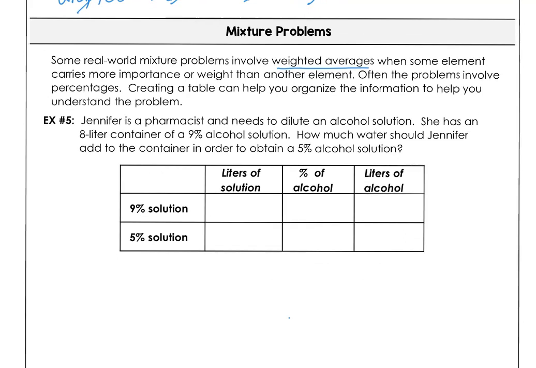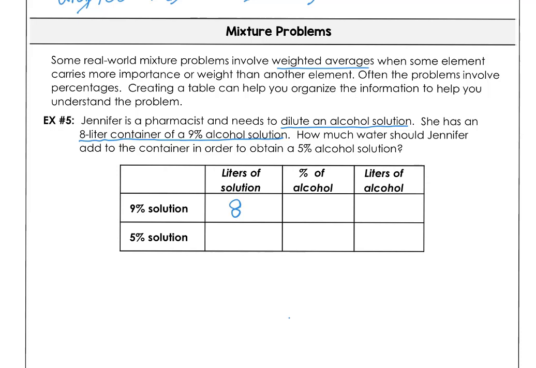In this example, Jennifer is a pharmacist and needs to dilute an alcohol solution. She has an 8-liter container, so the liters of solution, she has 8 liters of 9% solution. How much water would she need to add to the container to get a 5% alcohol solution?